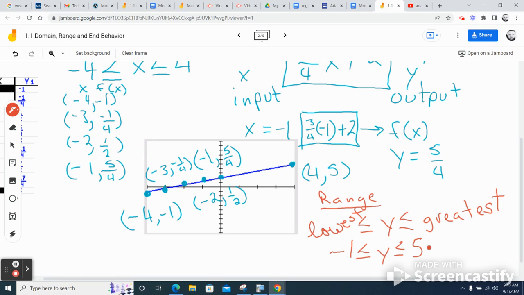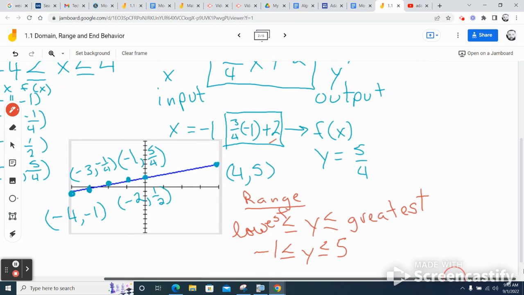Yeah, because we're including these values. In our previous examples, we said infinity. Infinity is not a number, but here we have real numbers that we're including. So it can equal -1, it can equal 5. So the other thing that we could list is what we call the interval notation. So we could say that our range goes from -1, comma, to 5. Those are brackets.